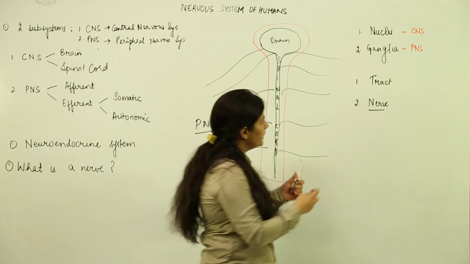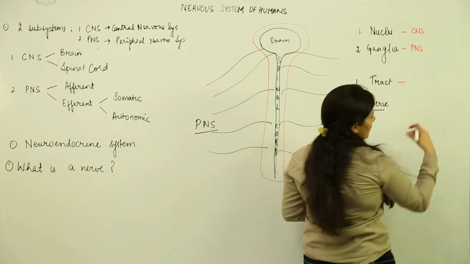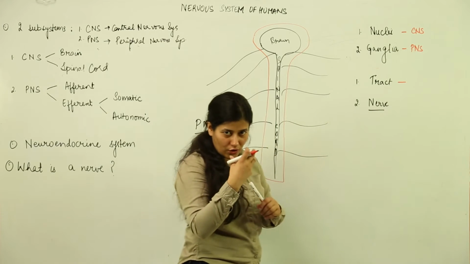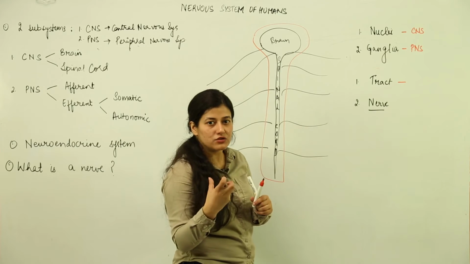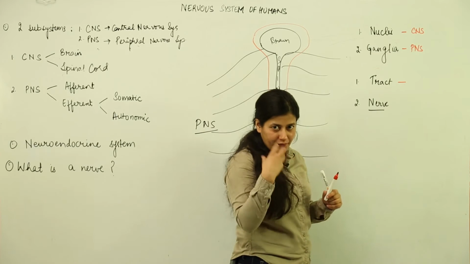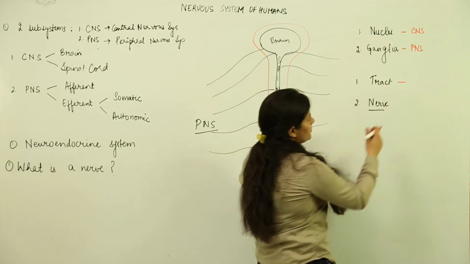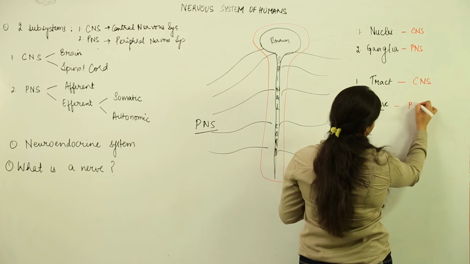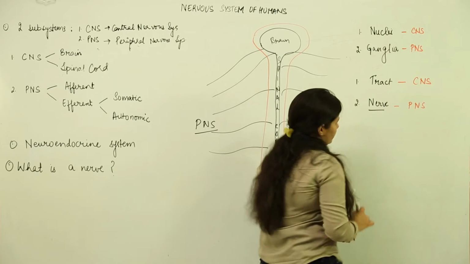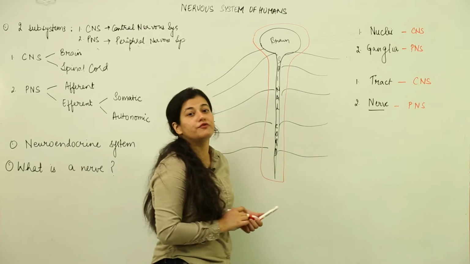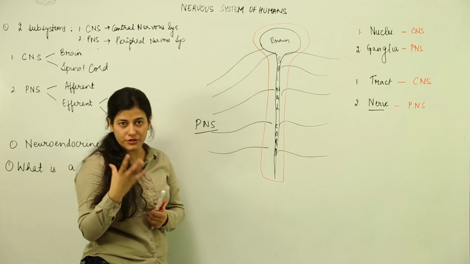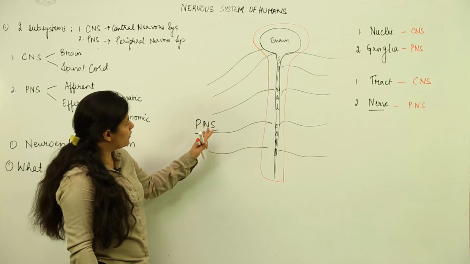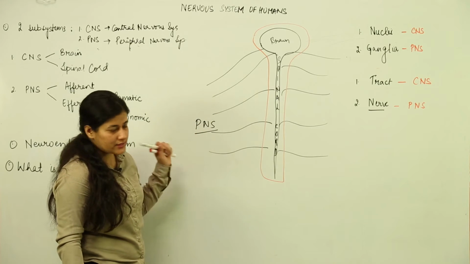Basically the tract is a bunch of axons, or a clustering of axons or nerve tissue in the form of a thread or a fiber that would be present inside the central nervous system, and the nerve would be present in the peripheral nervous system. So you are never going to find a nerve inside the brain or spinal cord. The nerves would always be found in the peripheral nervous system.